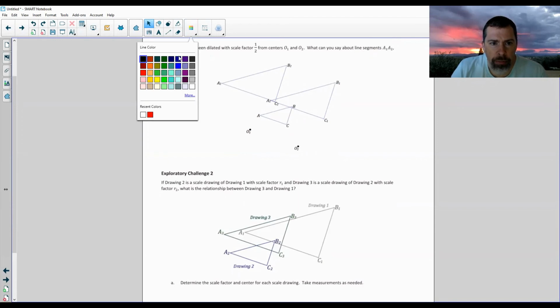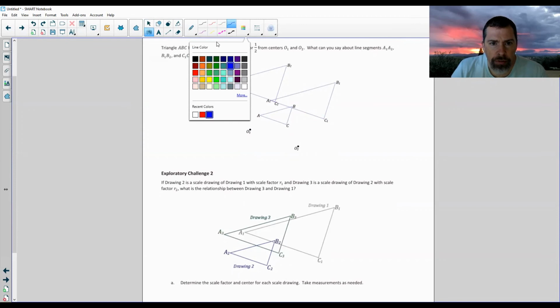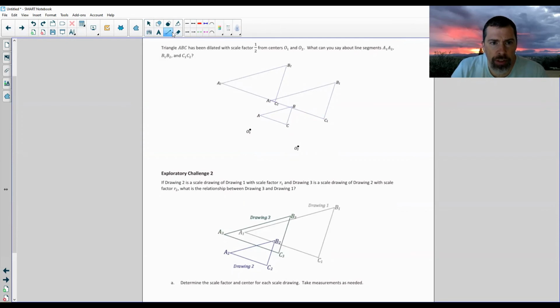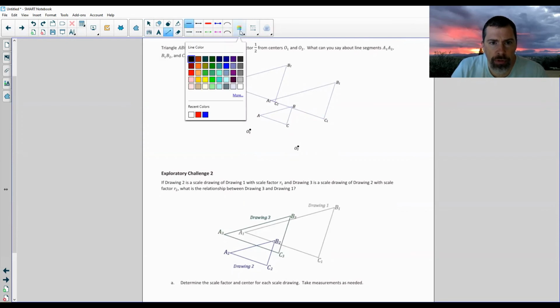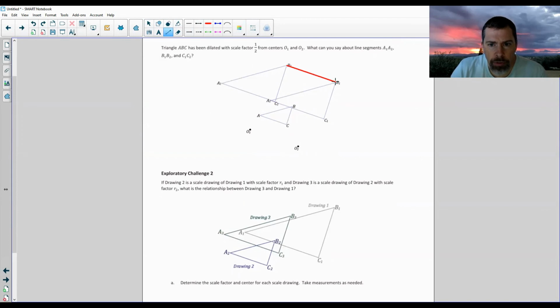So what they're talking about is three different lines. I'm just going to use my segment tool instead of the ruler just to show you. So B sub 1, B sub 2 is here. A sub 1, A sub 2 is right here.